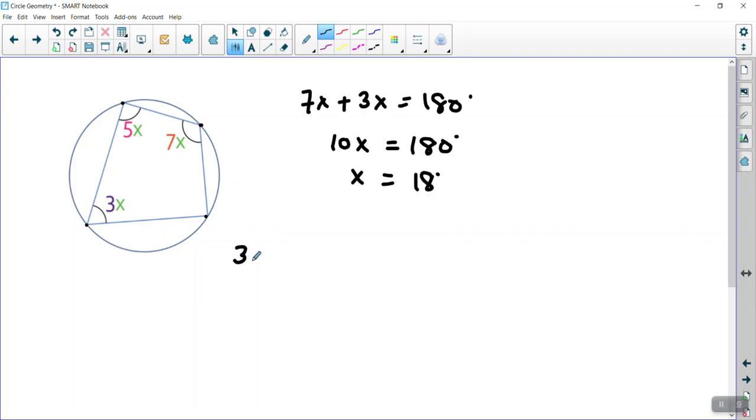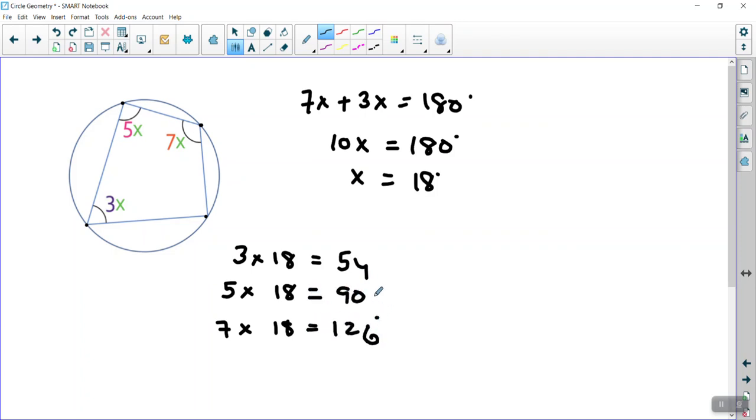We'll start: 3x is 3 times 18, 5x is 5 times 18, and 7x is 7 times 18. So this is 54, this is 90, and this is 126. We found out 3 of them. You could either add all of them and subtract it from 360 because it's a quadrilateral, so the angle sum would be 360.